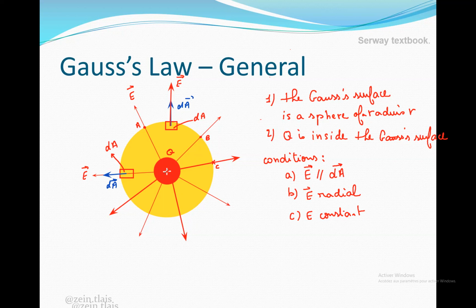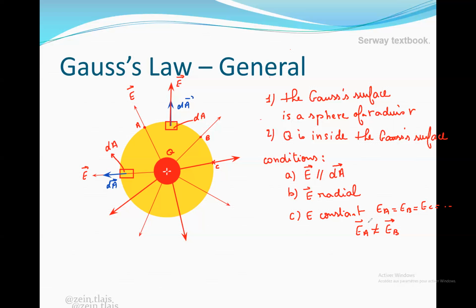OA equals OB equals OC, so the electric field at point A equals EB equals EC. So we can say here EA equals EB equals EC, and so on. Be careful, the EA vector does not equal the EB vector because they have different directions. Okay, this is a very important point.